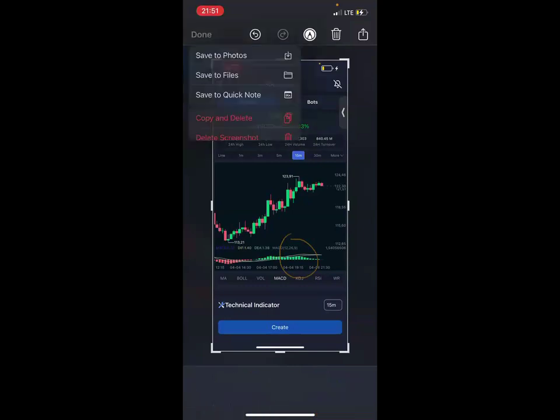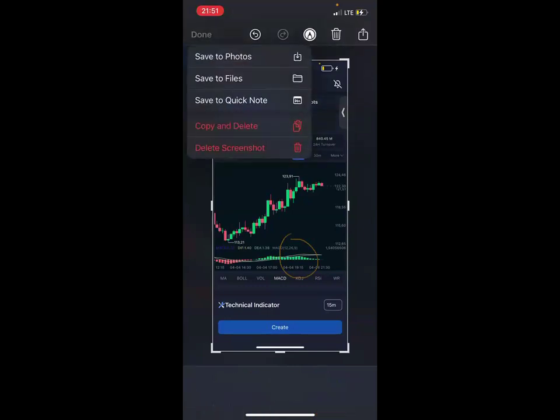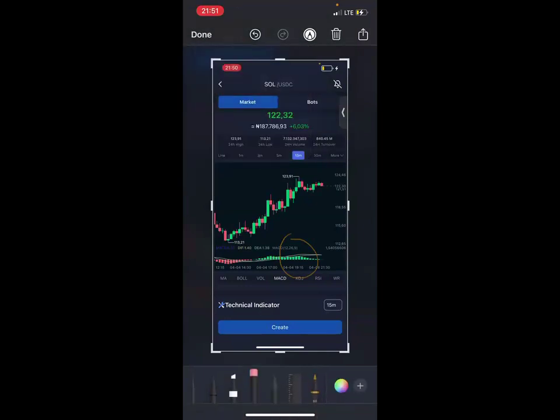Now, since we see that before we had the cross already, we had the cross, and we see that after the cross, Solana actually did 6%. So the cross happened around here, and then there was a little bit of up momentum.